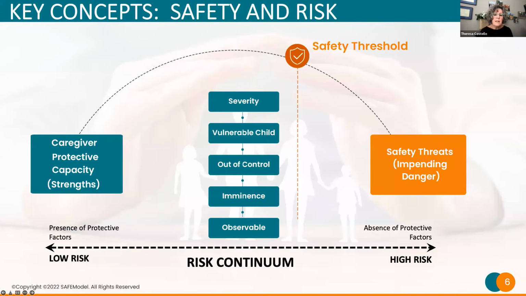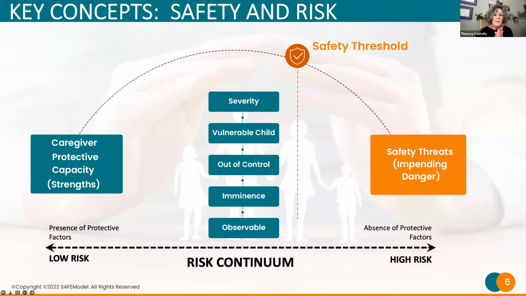But the difference here is that in order for that condition, that family that we're assessing to reach that point where we cross that safety threshold, we have certain criteria that describe the safety threat that we're seeing. And it's what distinguishes something from a risk factor that exists along the continuum to a safety threat that's immediate, that's specific, that's observable.